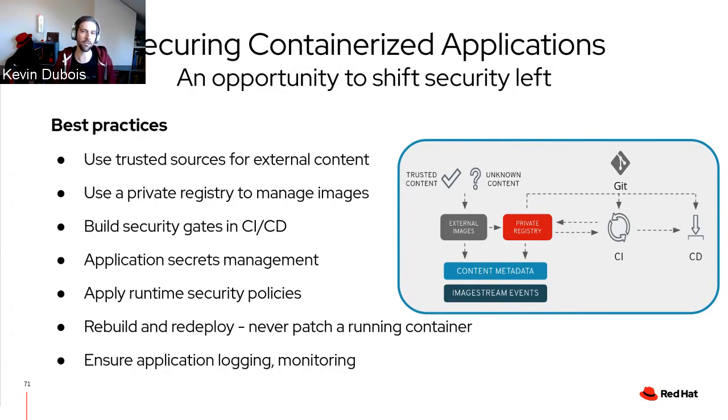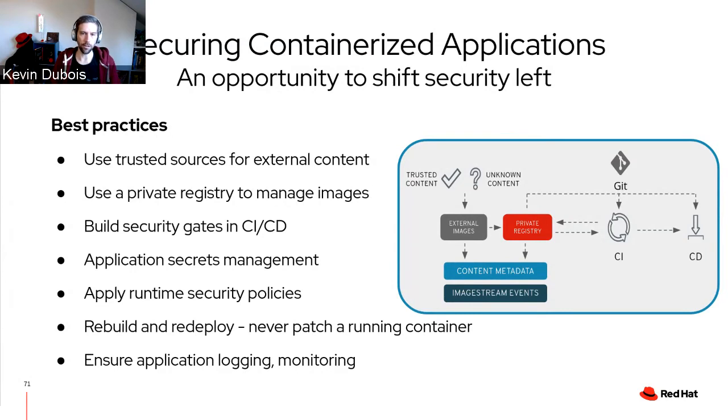Probably not. So we need to make sure that we use trusted sources because you never know what's in those images. Maybe nothing malicious, but there might be vulnerabilities in there that could be exploited. So you want to use a private registry, typically, to pull down your images, kind of a gateway to external registries.